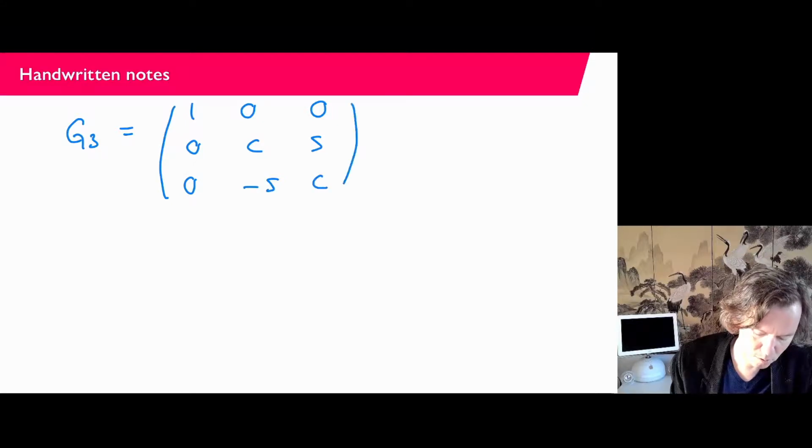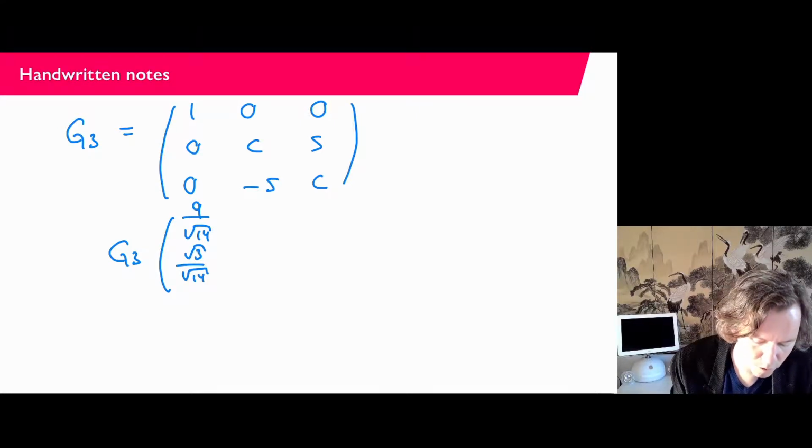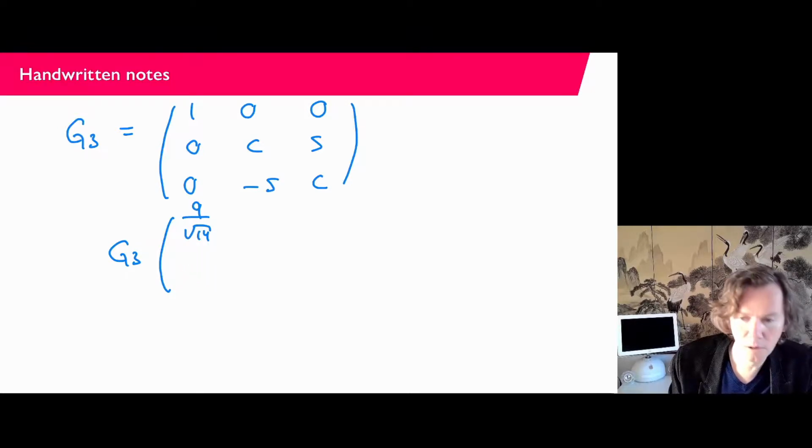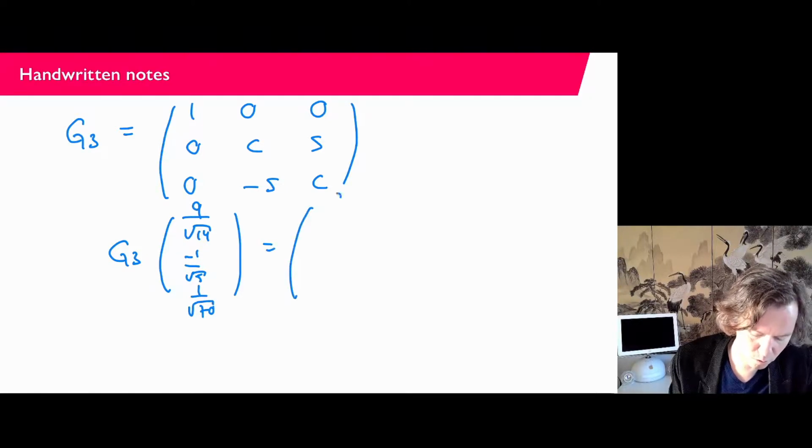And the requirement is that if you multiply that vector that we had, minus 1 over square root of 5, and the last one is 1 over square root of 70, equals 9 over square root of 14, a 0 here, and this entry becomes square root of 3 over square root of 14, like this.